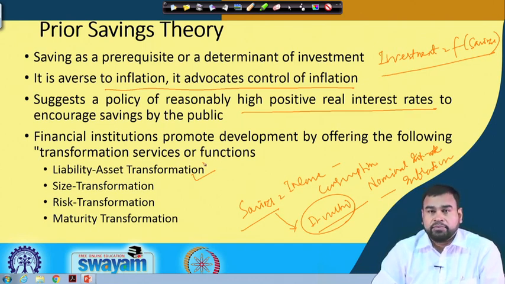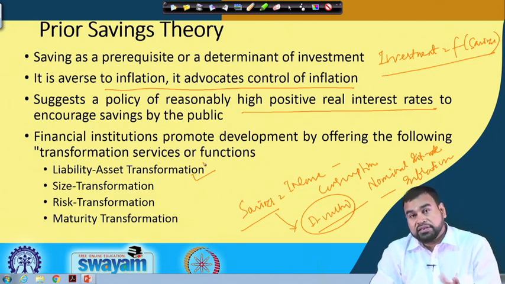We have so many bank branches, and because of this accessibility, people can save their money. Once the money is saved, transformation can take place, and small savings can be accumulated and converted into large loans. In that context the whole system works, and those things can only be contributed by the financial system.